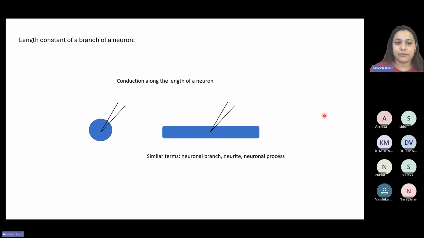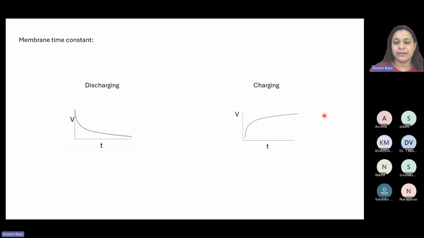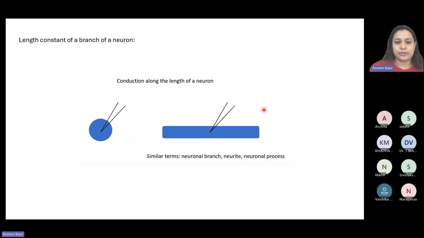Over there, tau will be the time in which V becomes 63% of what it originally was, right? So from 0 to this point, at 63% of the final value, t will be equal to tau, right?